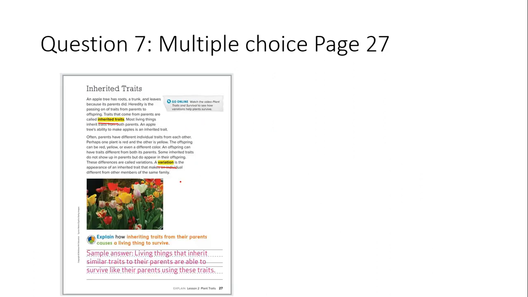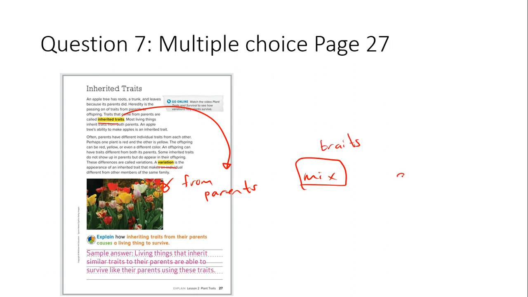We spoke about inherited traits, they come from parents. So, inherited traits are traits that come from parents. And because they come from parents, they are mixed. We have a mix of traits, and that is why we get small differences called variation.